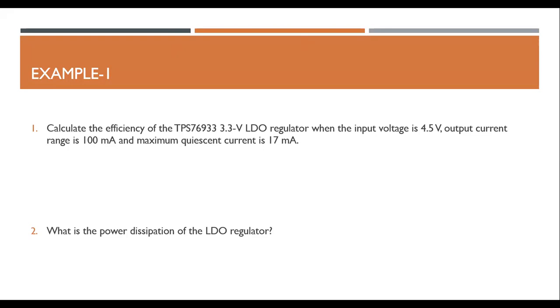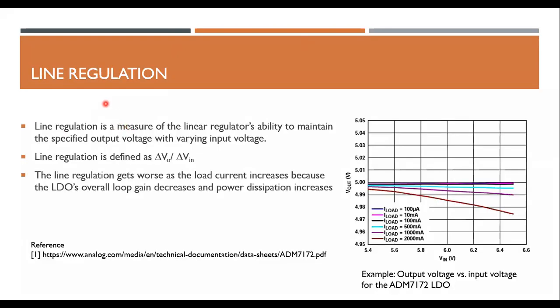From this slide onwards, we are looking at the performance characteristics of a linear regulator. The first one is line regulation. Line regulation is when you change your input supply. You can vary the supply, for example, from 5.4 up to 6.6, and plot your output voltage.